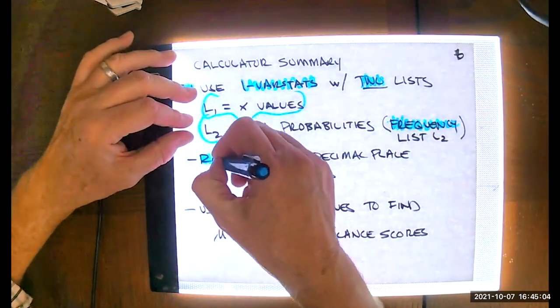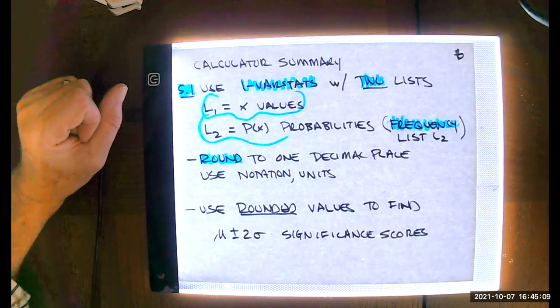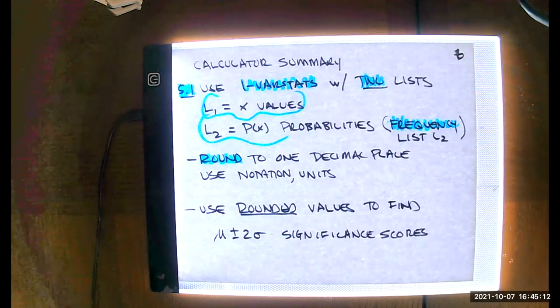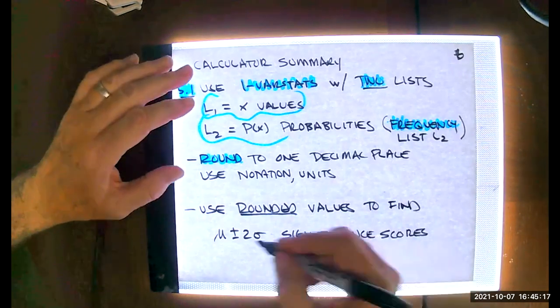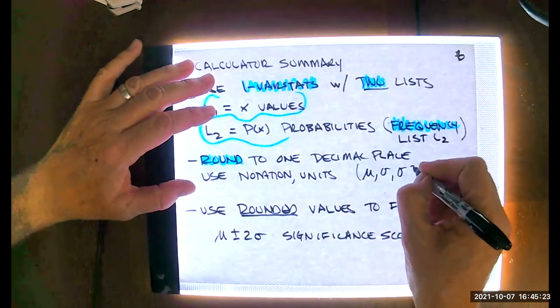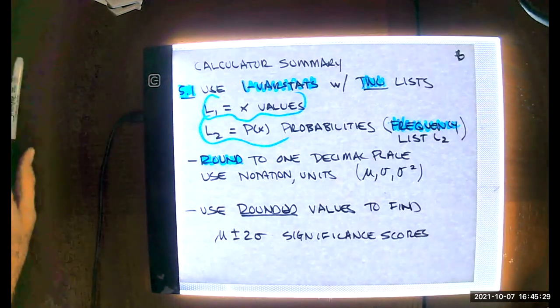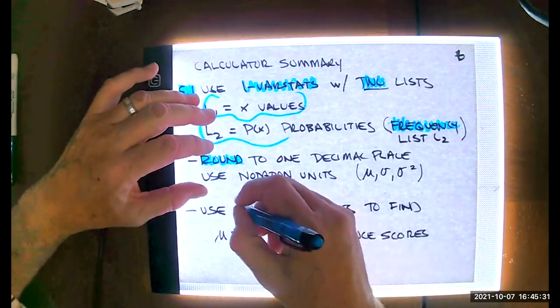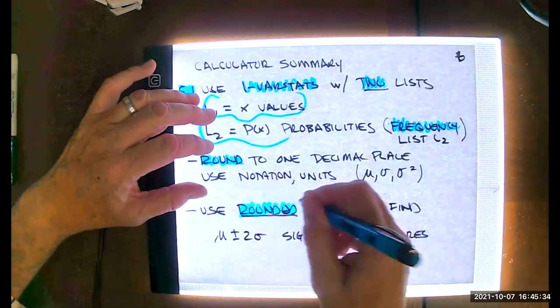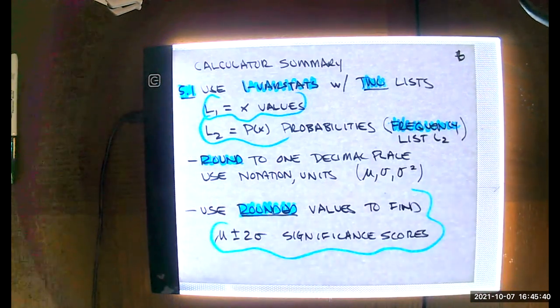We usually like to round those summary statistics to one decimal place, because the variable is a whole number, 0, 1, 2, 3. Remember, it's the mean, mu, the standard deviation, sigma, and the variance, sigma squared. And I use those rounded values, or I can use my table too, to determine cutoffs for significant scores. The mean plus or minus 2 standard deviations.